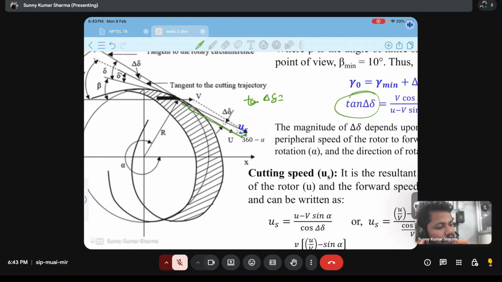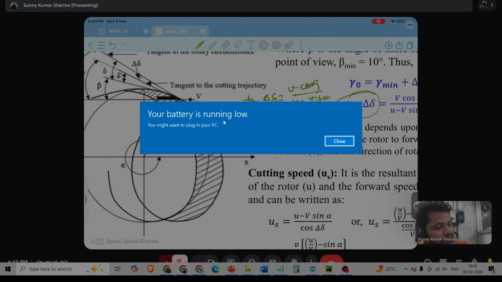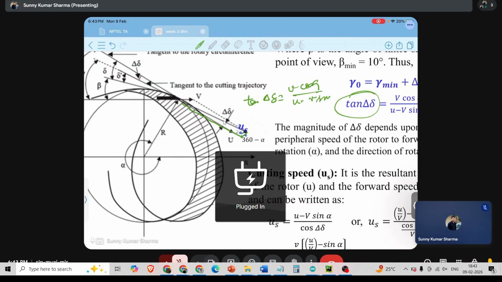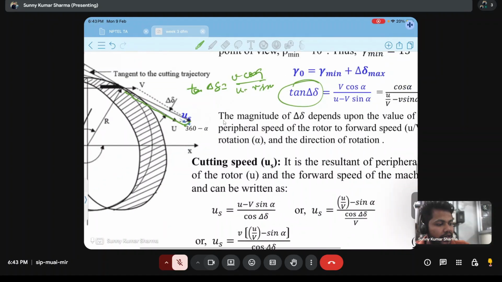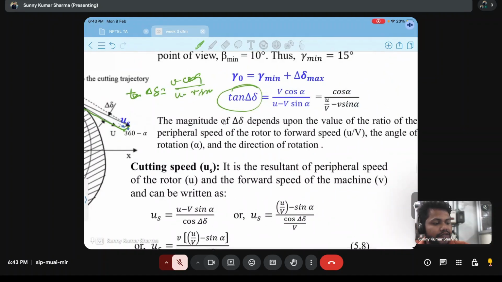This perpendicular is nothing but v cos alpha, and this base is nothing but u minus v sin alpha. So tan del delta is cos alpha by (u by v minus sin alpha). This is tan del delta in terms of alpha and u by v.